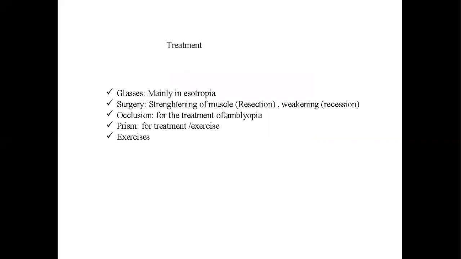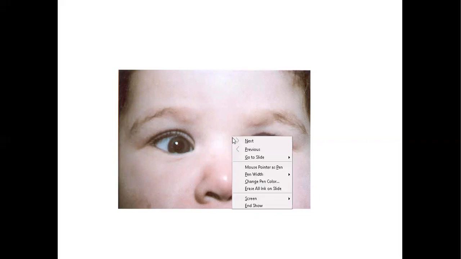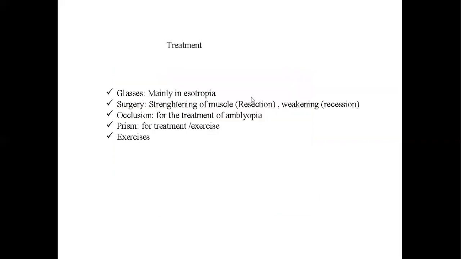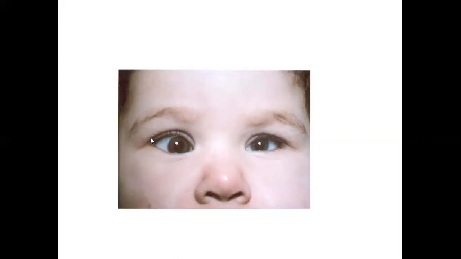There are other muscle surgeries also like transposition, but for the sake of simplicity, just focus on resection and recession. Then in temporary squints like paralytic squints, we can give prism glasses.